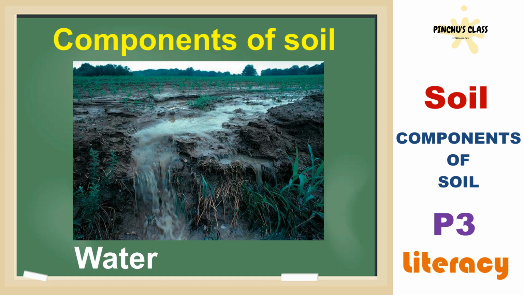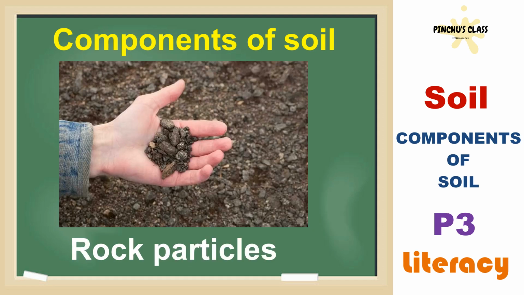Soil has got water. Have you ever wondered? It rains every day. When it rains, where does that water go? It goes down inside the soil and it stays there, by the way. After some time it can be used by those living organisms and plants, as we're going to see.